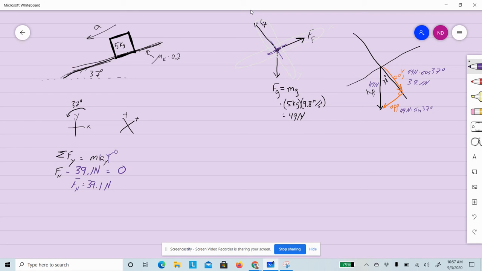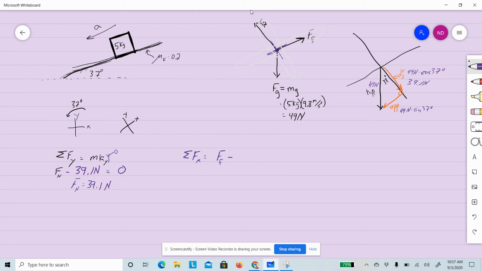When we go to the next part, the sum of the forces in the x direction, we'll call the force of friction positive this time, since it's up the ramp, minus a piece of gravity. 49 newtons times the sine of 37 is the gravity that's down the ramp.